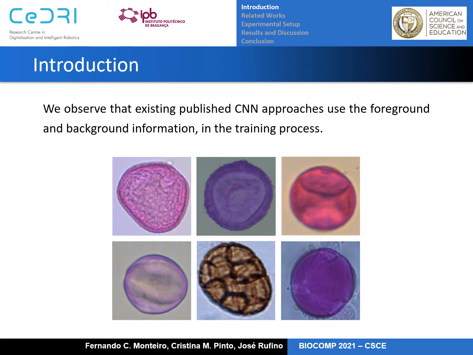The acquisition of images usually has different sources, resulting in images with different backgrounds, as shown in the figure. We observed that existing published convolutional neural network approaches to pollen recognition use the foreground and background information in the training process.